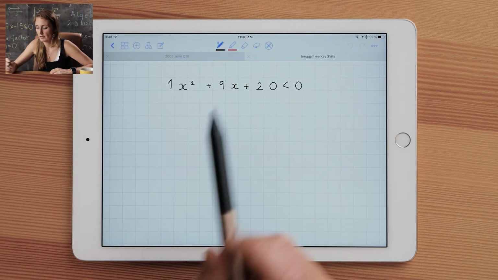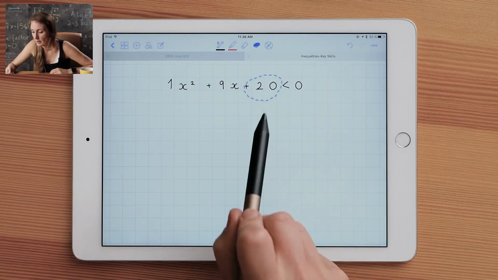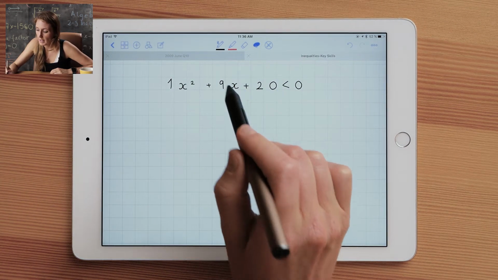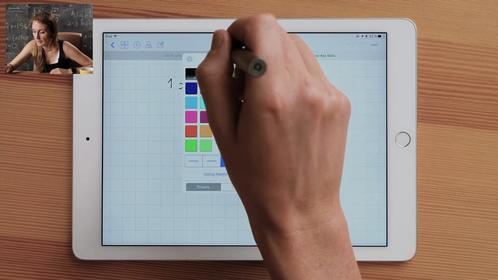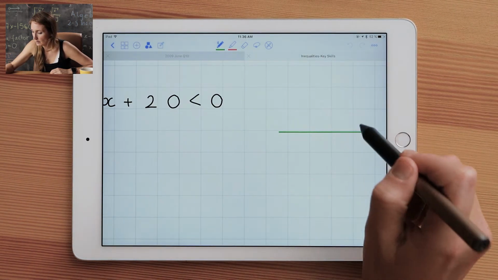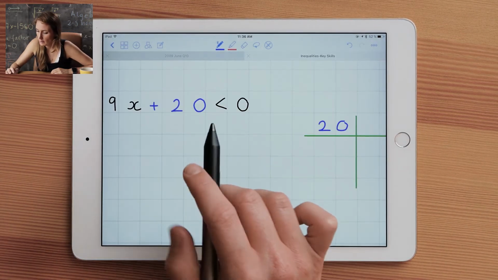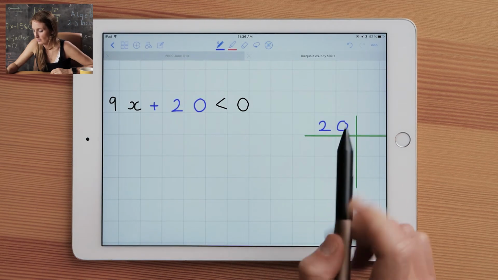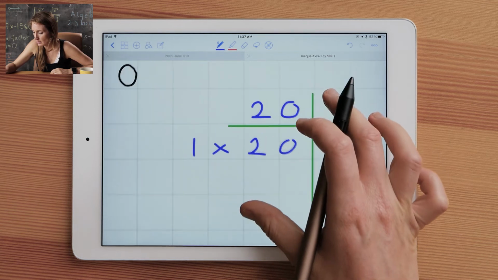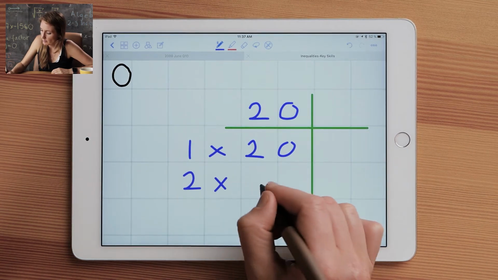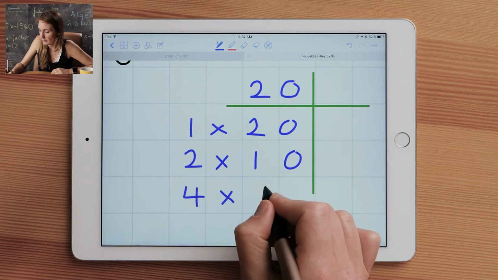So how to factorize? We're looking for two numbers that multiply to give us 20, but add up to give us 9. So if I make a little table on the side, you want to multiply to give yourself 20, so you could do 1 times 20, you could do 2 times 10, you could also do 4 times 5.